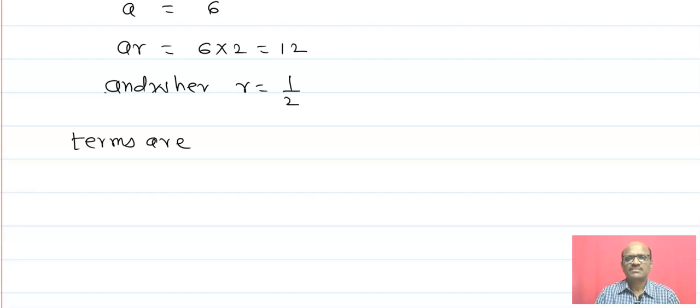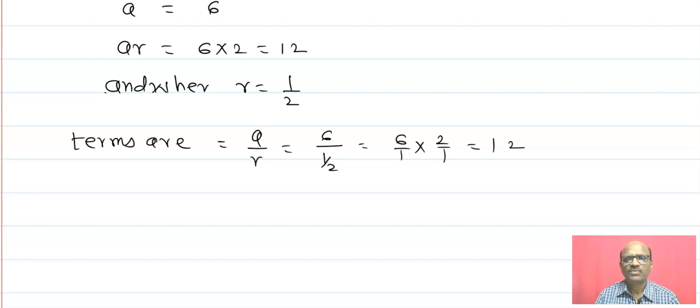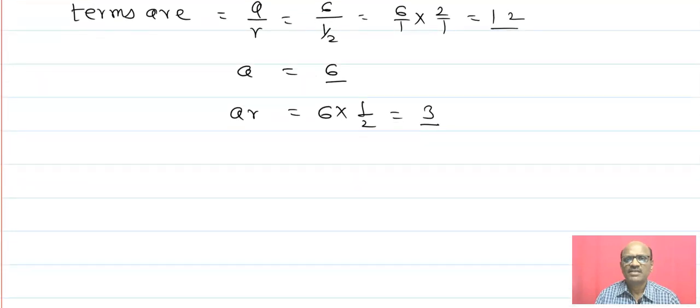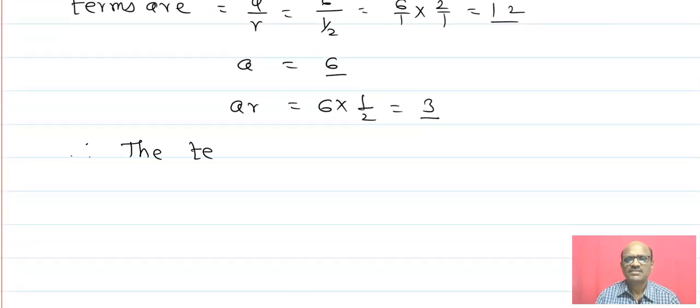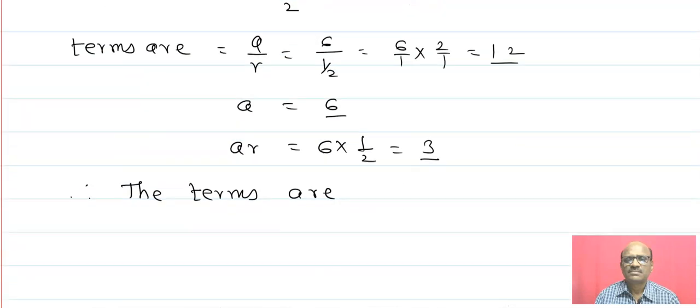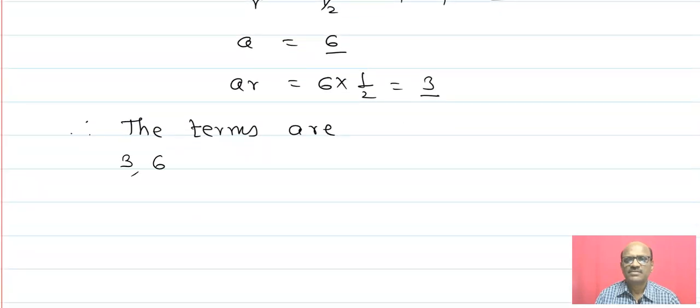Therefore, the terms, with r equal to 1 upon 2, a upon r is 6 upon 1 into 2 upon 1, that is 12, 6 and 3. Therefore, the terms are 12, 6, 3. First they were 3, 6, 12 or 12, 6, 3.